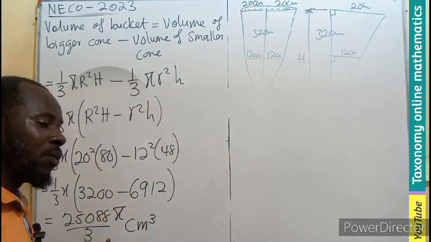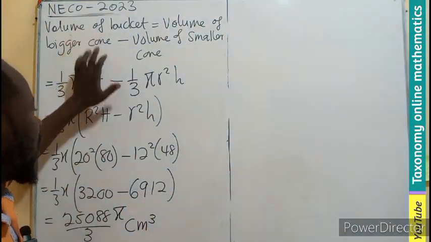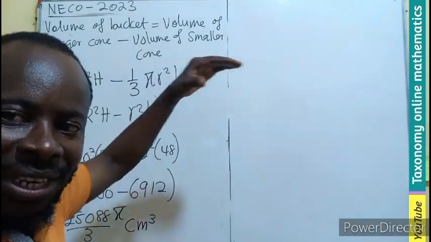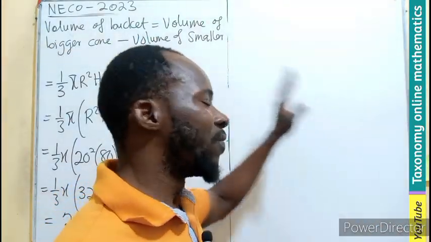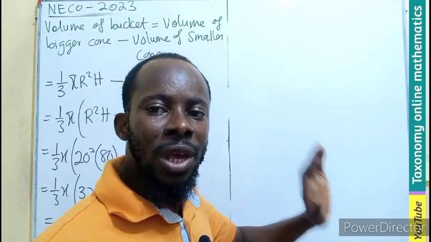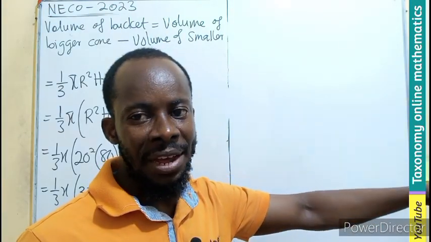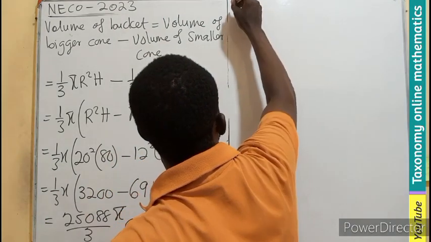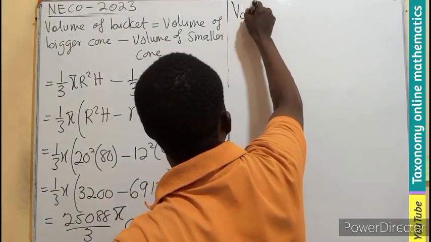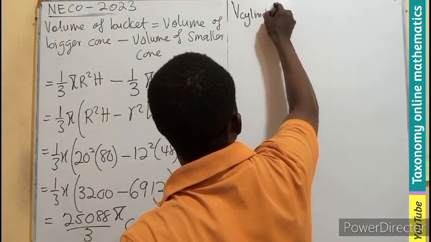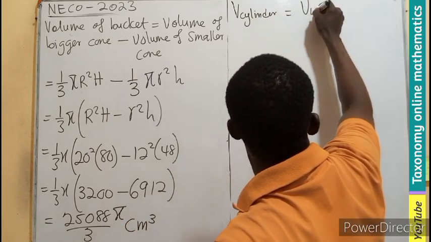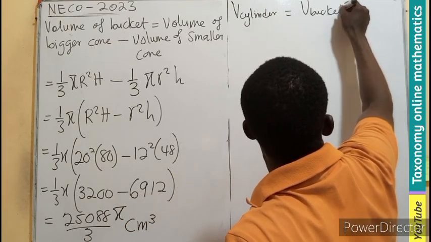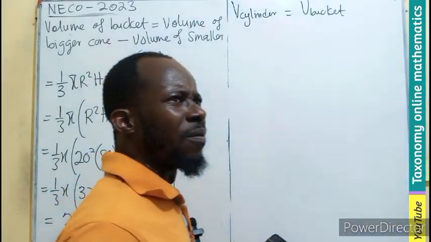So now if this volume is emptied into a cylinder, it means the volume of the cylinder will be equal to the volume of the bucket, right? So let me use volume of cylinder equals volume of bucket. What is the formula for the volume of a cylinder?